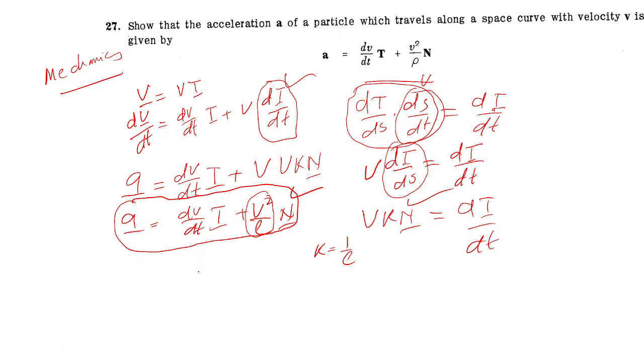When it is moving on a straight line, the normal component is 0, because the center of curvature is at infinity in that situation. Okay, let's see another question.